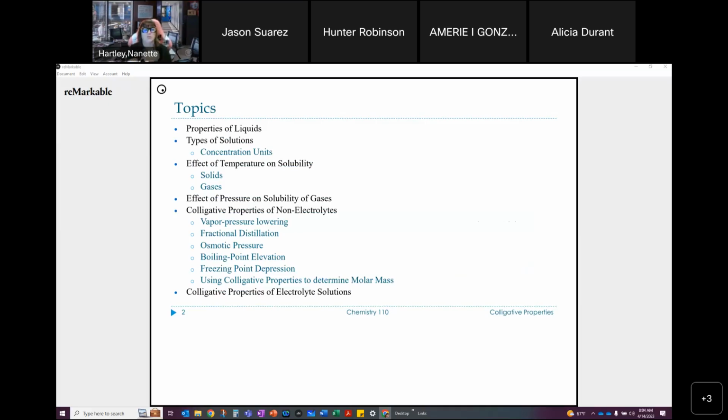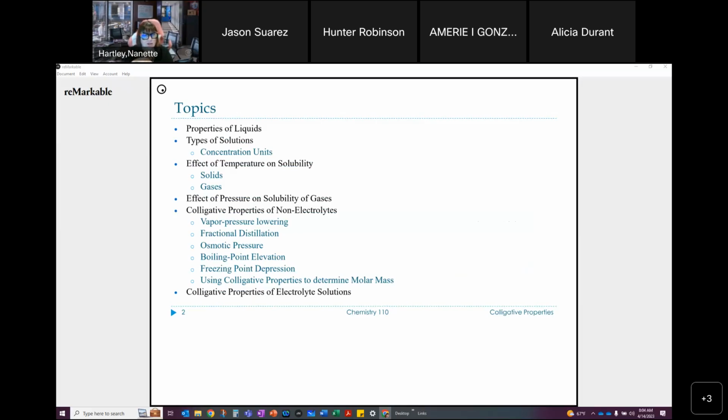It's a minor change between the two, but that's the way we're going to handle it. Colligative properties are things that are based on the amount of material, regardless of what that material is. They include things like vapor pressure lowering, fractional distillation, osmotic pressure, boiling point elevation, freezing point depression. And then, of course, we can use colligative properties to determine molar mass. So that is another thing we can do with that in the laboratory. We'll talk about how the electrolyte solutions change that.